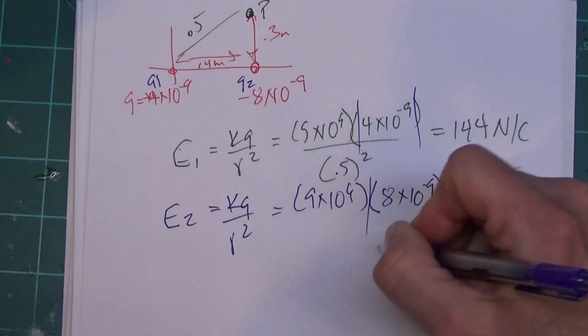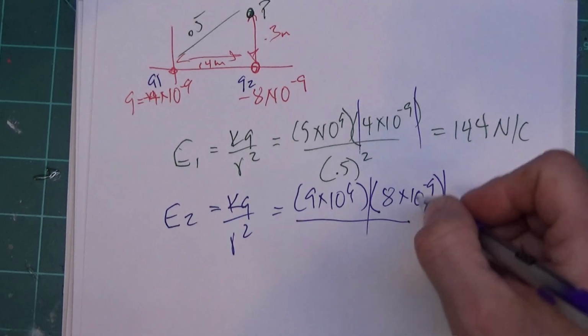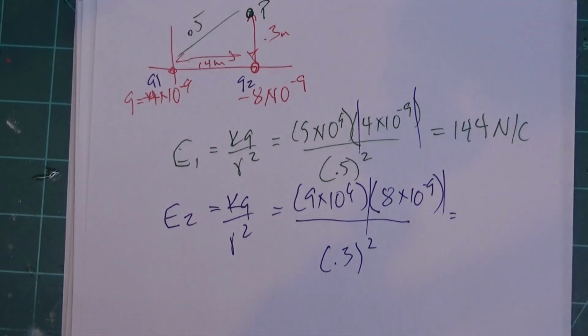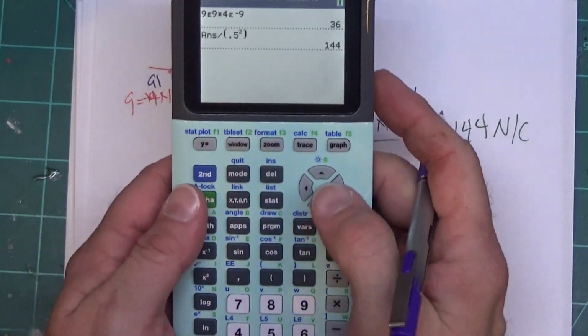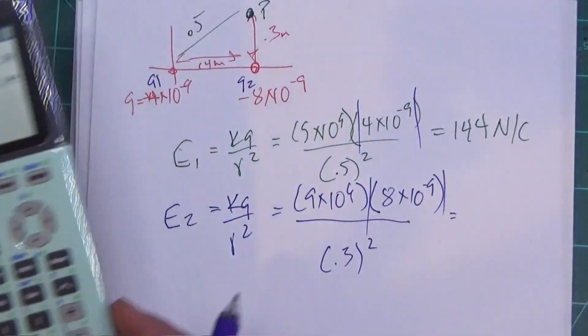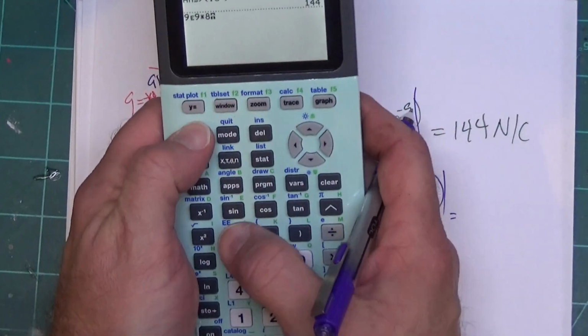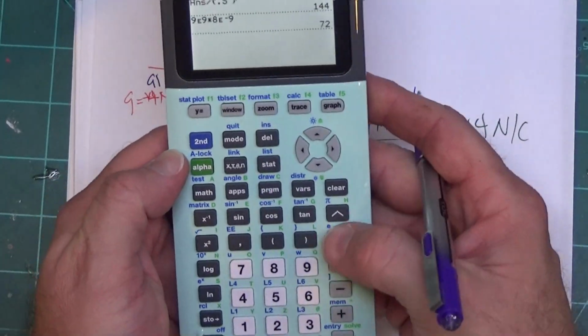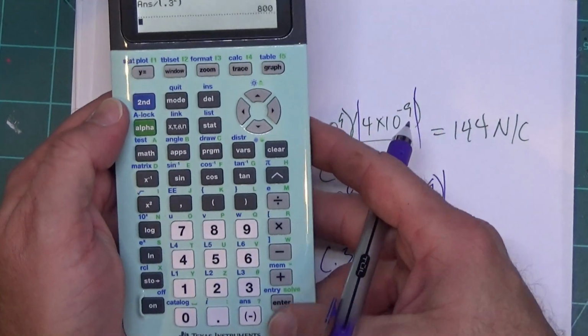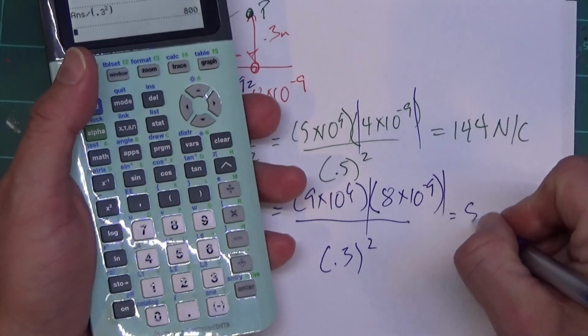Remember, there's an absolute value on that, so the negative sign goes away. And my radius is 0.3 squared, so we can plug that in and get a number. So I'm doing 9 E to the ninth times 8 E to the negative ninth, and we're dividing that by 0.3 squared. And I get 800 on this one.